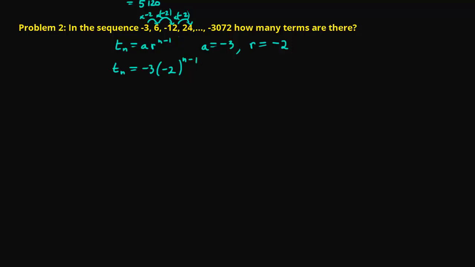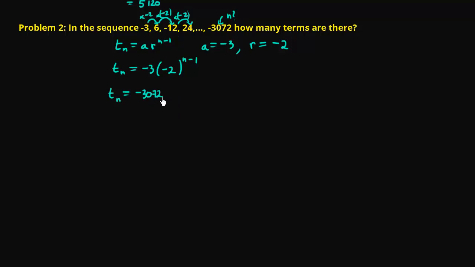Okay, so in this question, we have to think about what we're asked for. We're asked for how many terms are there in this sequence. So basically what we're asked to figure out is what is the term number of this term. So what is n for this term? So we know that t sub n is equal to -3072, and we're trying to figure out what n is for this value.